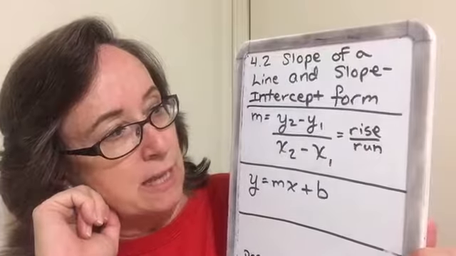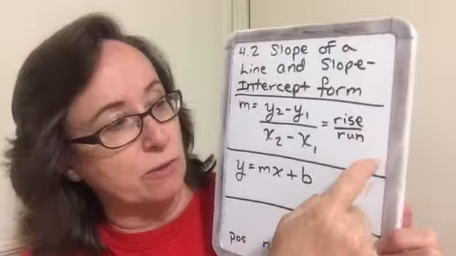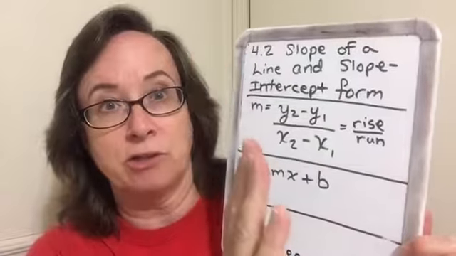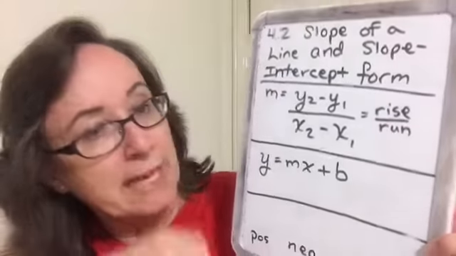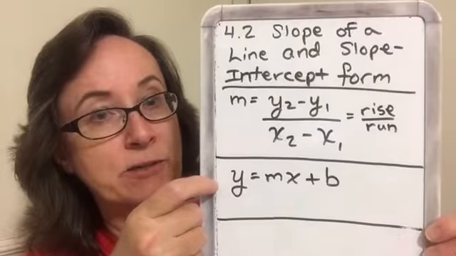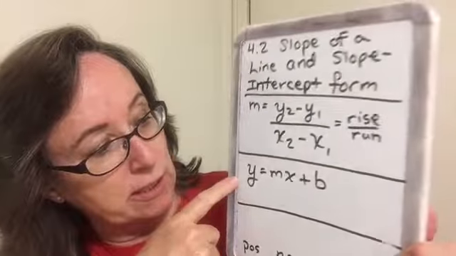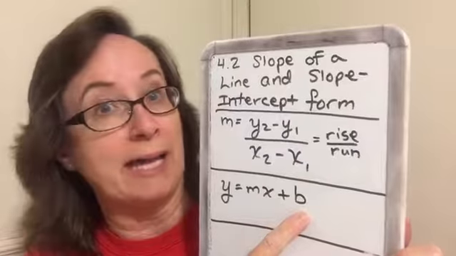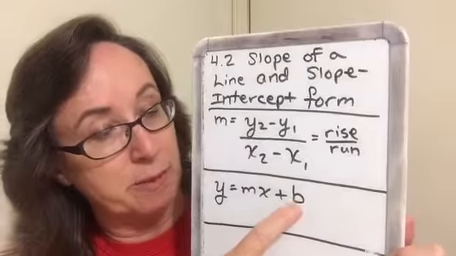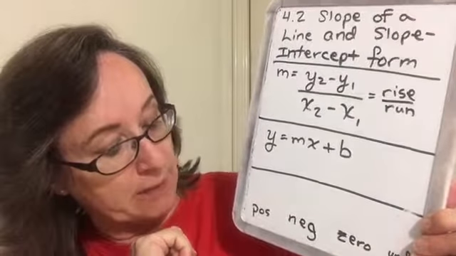And we also have heard that the slope is the rise over the run, or the vertical motion over the horizontal motion. And this is the slope-intercept form of the line, which we are also studying in this section, where M is the slope and B is the y-intercept of the line. So remember, the B is where the line crosses the y-axis.